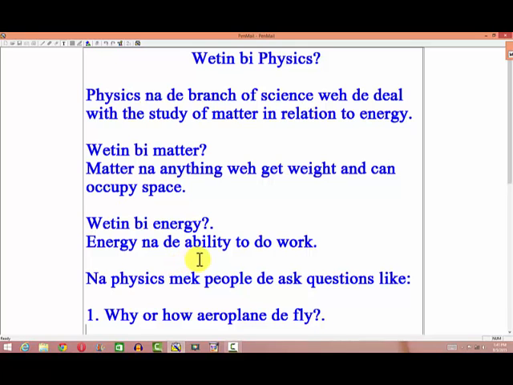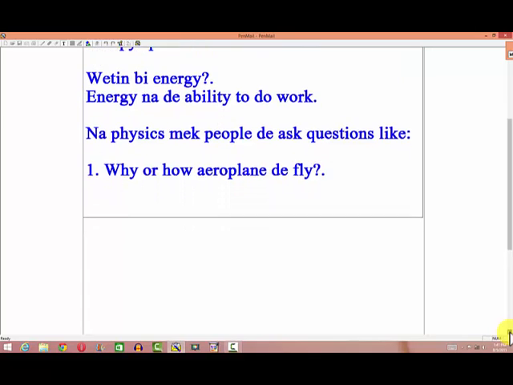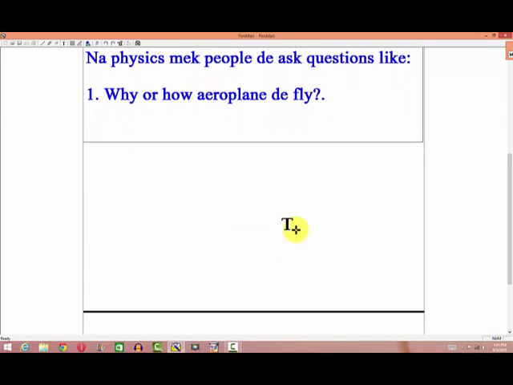How aeroplane they take fly? So what they're asking here is a physics question.